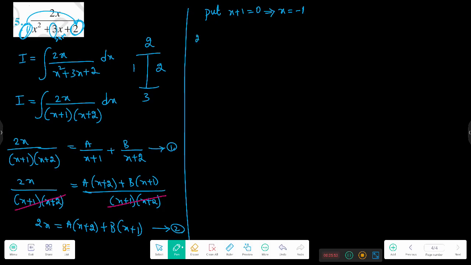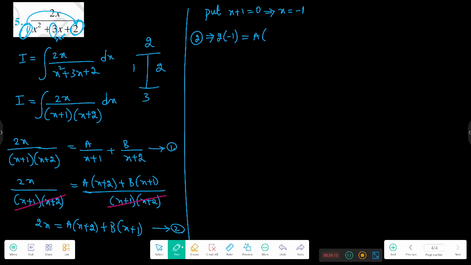Now take equation 2. On the left hand side of equation 2 we have 2x, which means 2 into minus 1, which is equal to a into (x plus 2), x value is minus 1.